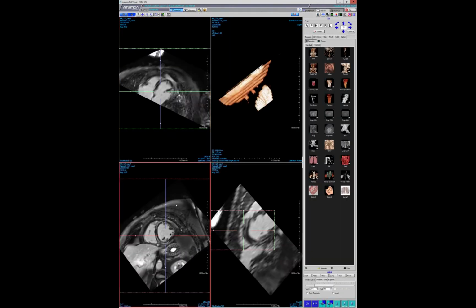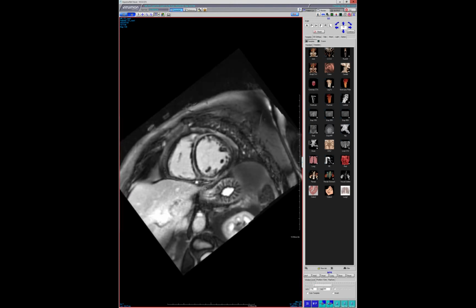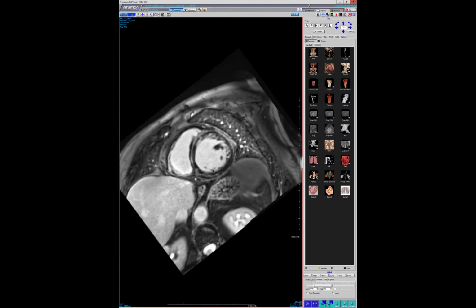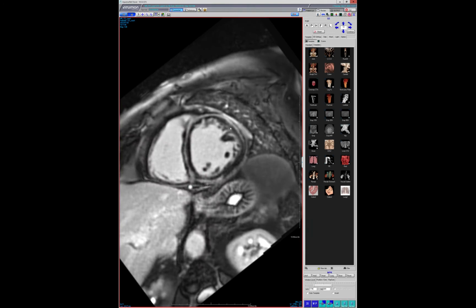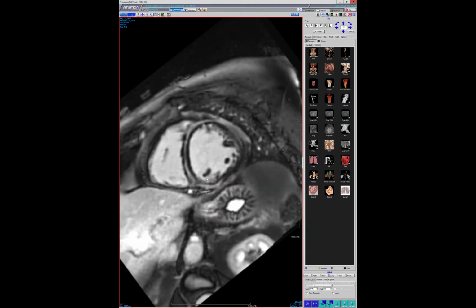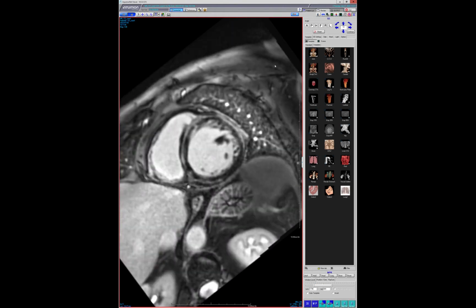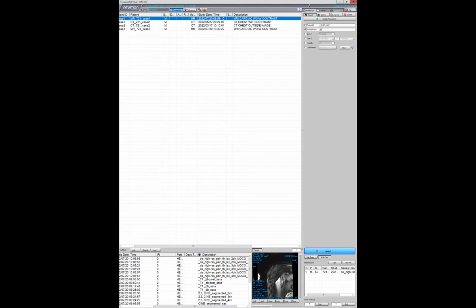Here is the post-contrast imaging, which shows quite pronounced mid-myocardial, maybe in some areas you would call it subepicardial, linear delayed enhancement. Given all the fat in the myocardium, it's an interesting case.